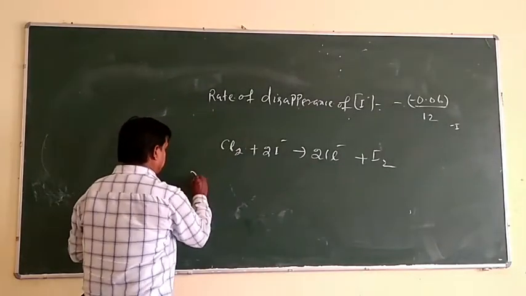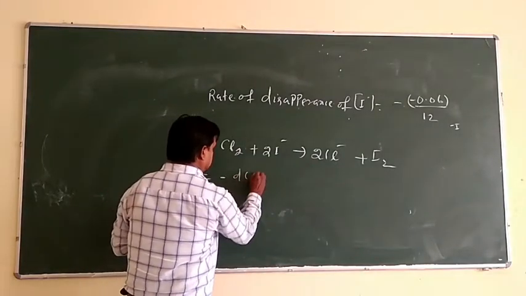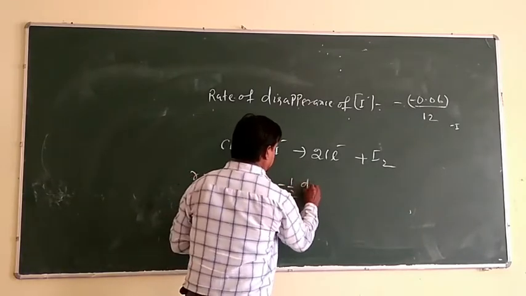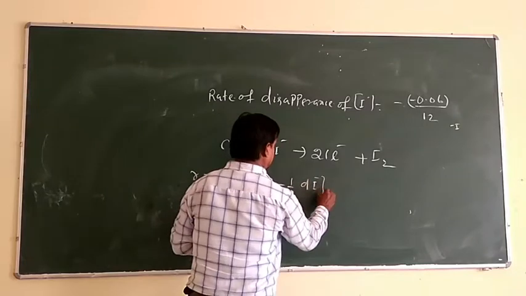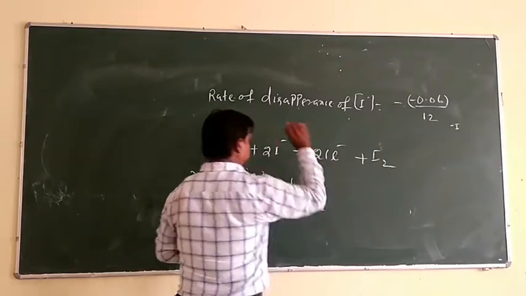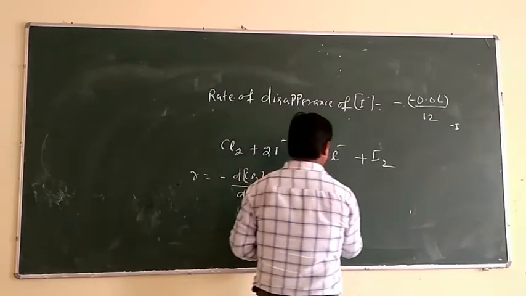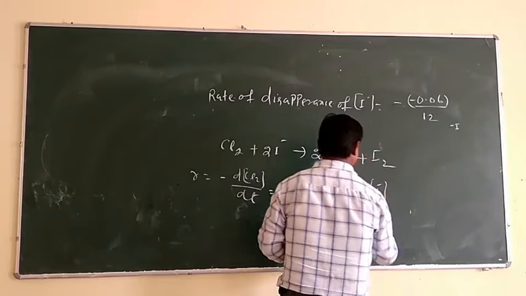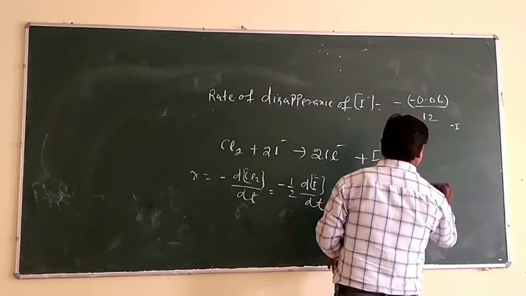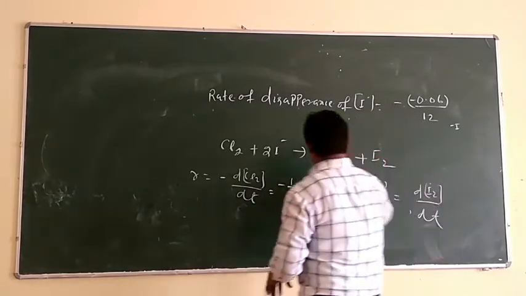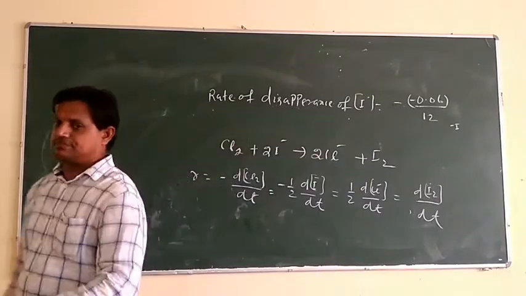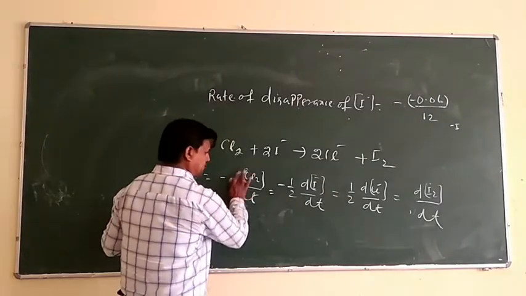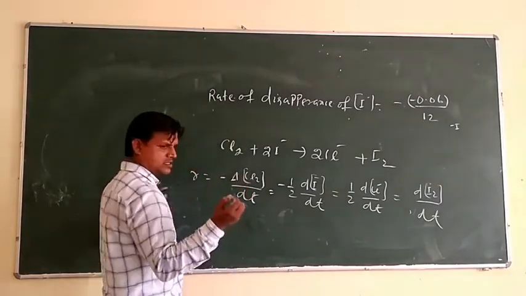So R equals minus d of Cl2 by dt, equals minus one half d of I minus ion by dt, equals one half d of Cl minus ion by dt, equals d of I2 by dt. This is our rate expression. In this case, in place of d we can put del, because the change in concentration is appreciable.